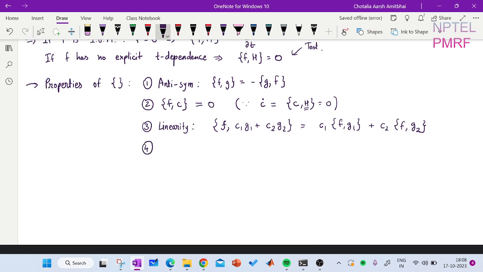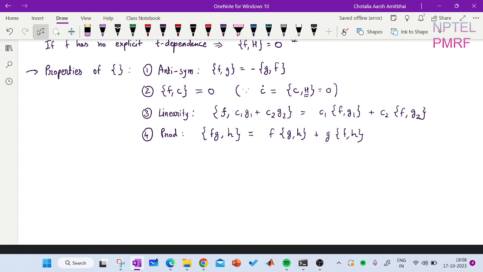Then the fourth is the product rule. If you have two functions, f and g, Poisson bracketed with H, then you have f times the bracket of g with H and g times the bracket of f with H. If you have done quantum mechanics, all of these properties have an equivalent property in quantum mechanics as well.